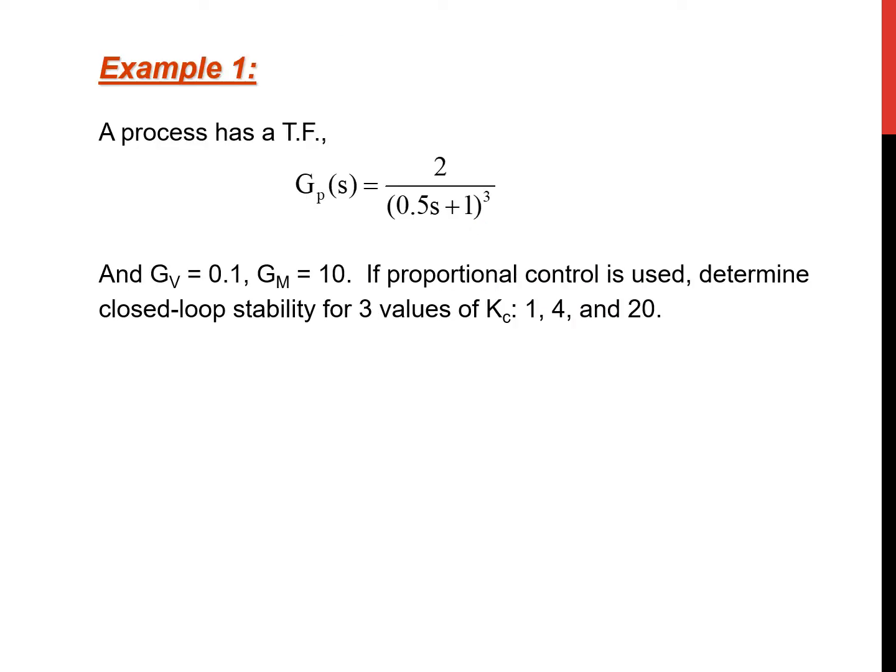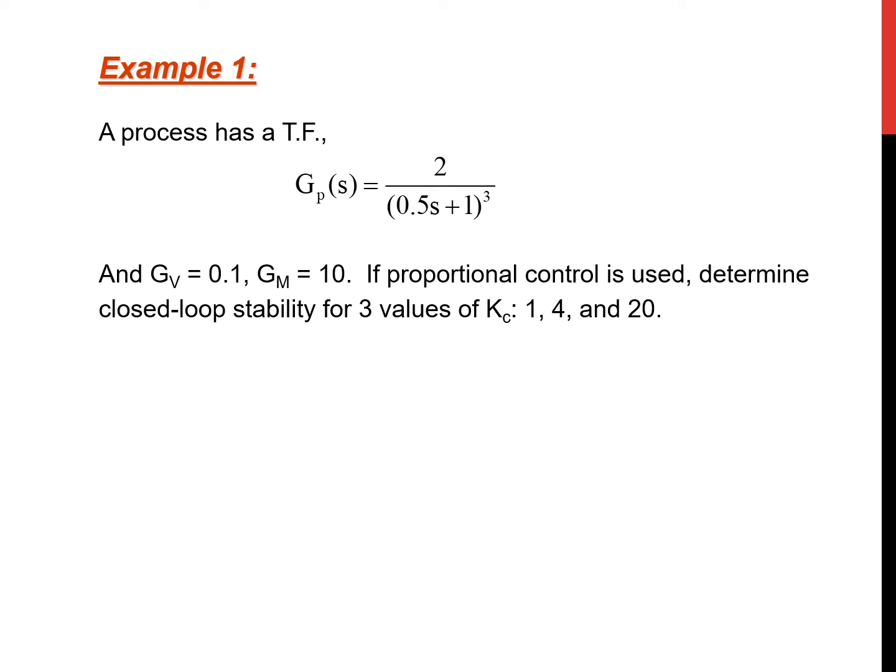So let's take a look at an example. Let's consider the following transfer function where you have the third order. So in this case you have a third order transfer function, but the tau is similar, fixed at 0.5. This is your GP.